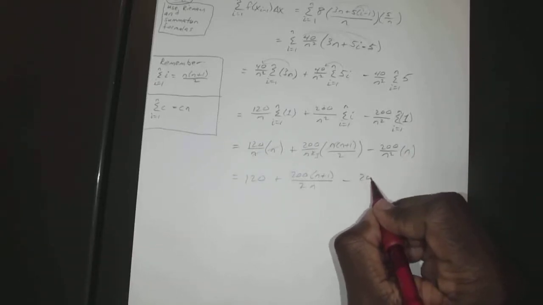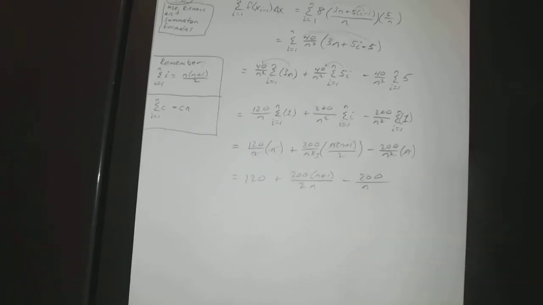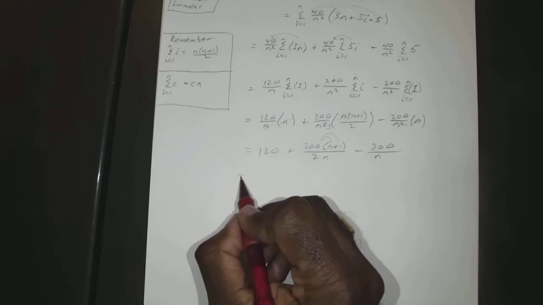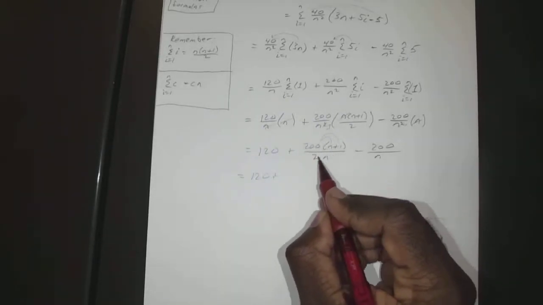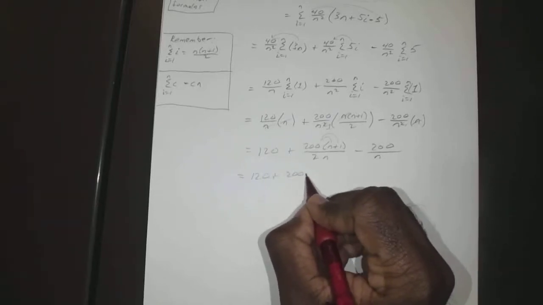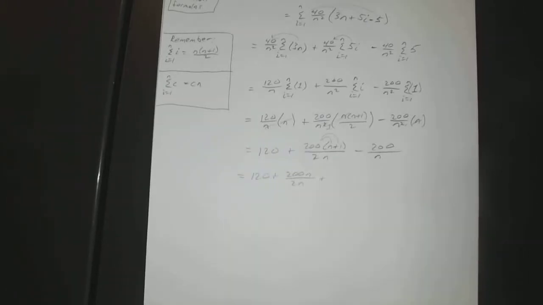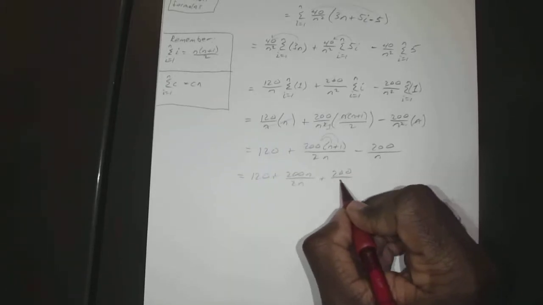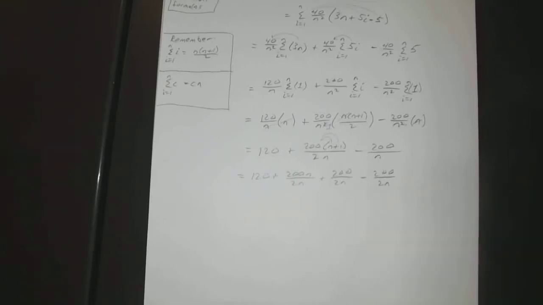And this, you have 200, one of those n's cancel out, over n. So now we can distribute that one. So you have 120 plus 200n over 2n, plus 200 over 2n, minus 200 over 2n.